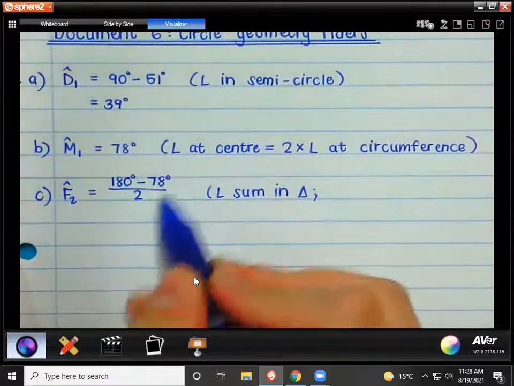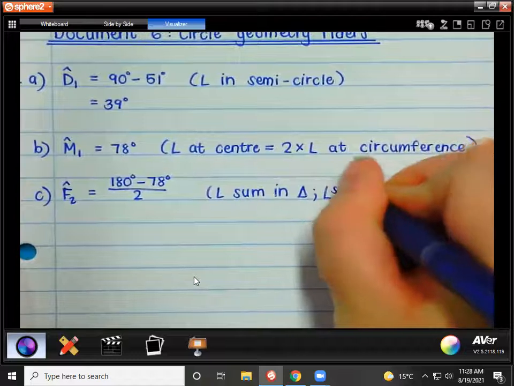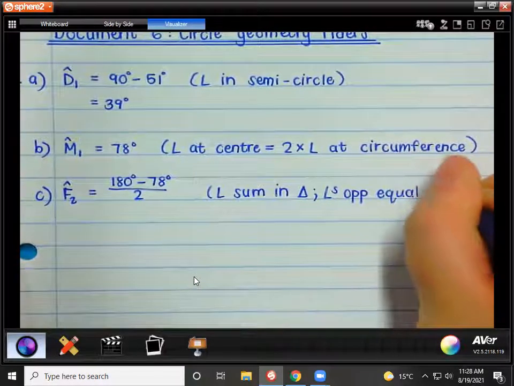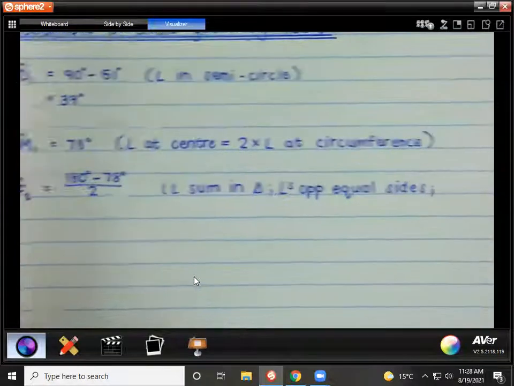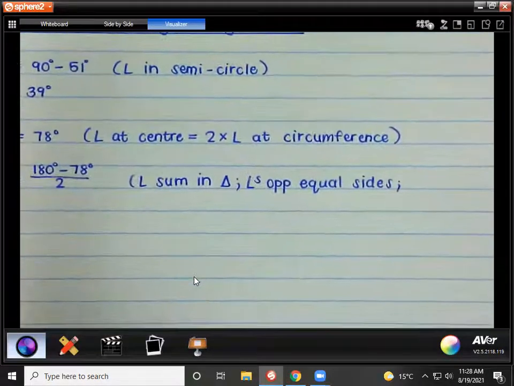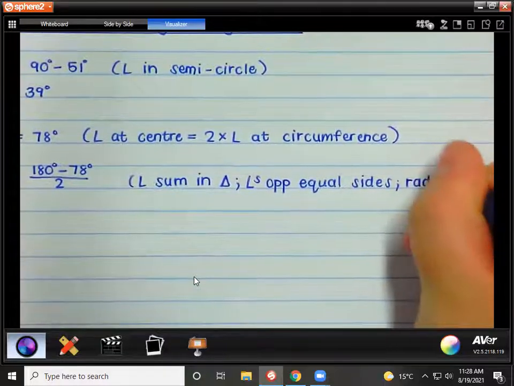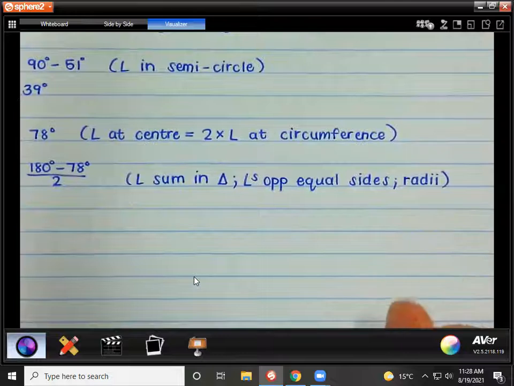And then the reason why we can divide by 2 is because of angles opposite equal sides, because it's an isosceles triangle. But how did I know that it's an isosceles triangle? Because those two sides are radii. Okay, so you have to put all 3 reasons in.